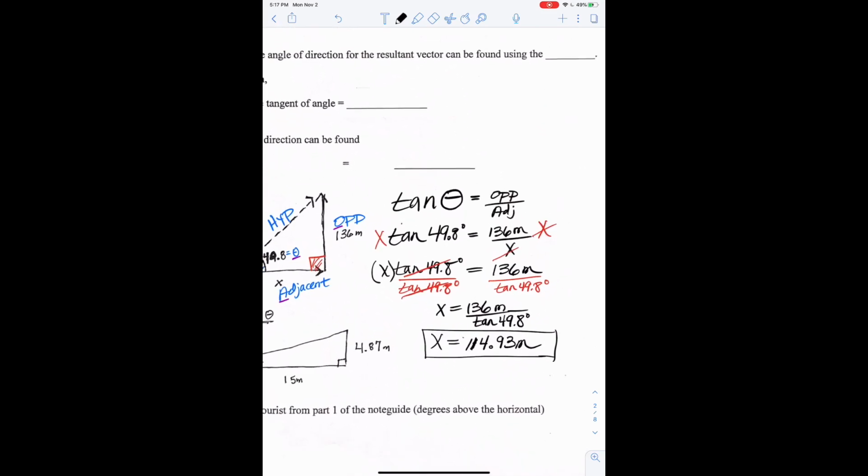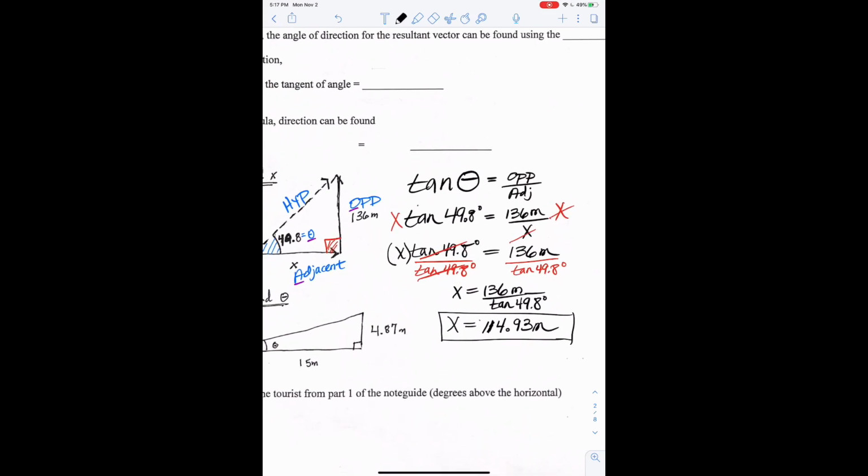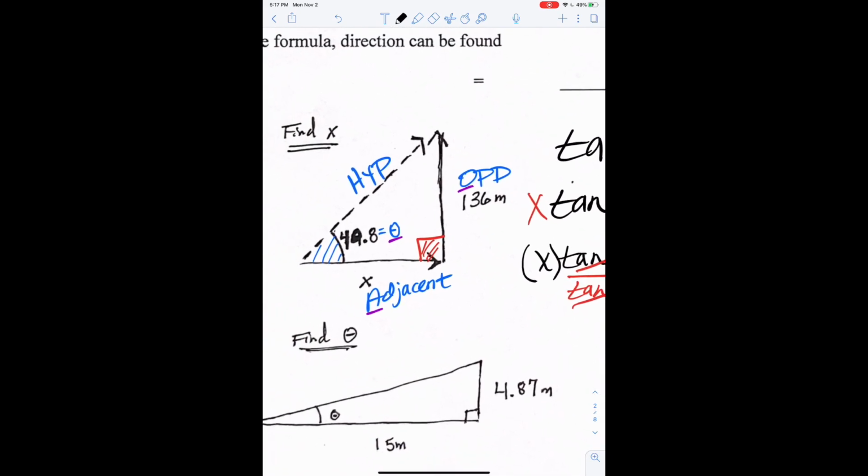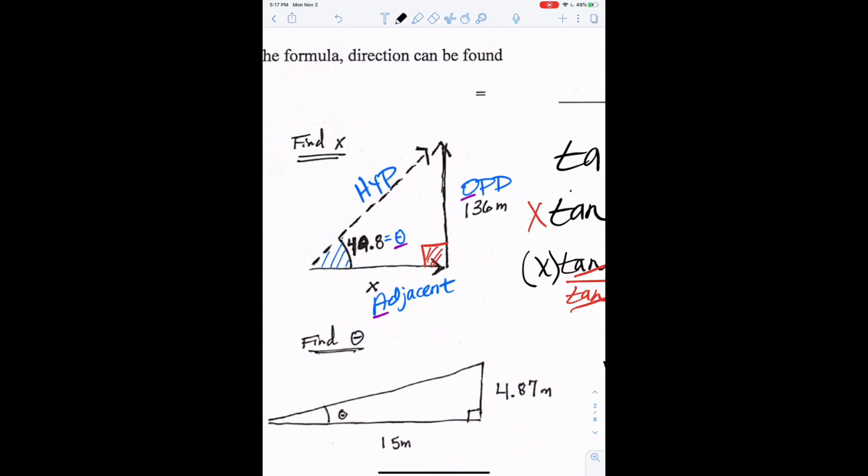We can't really check this one all too easily. I guess we could say, because this other angle up here, which we don't know what it is, right? Well, we do know it's the complement of 49.8, so it's 40.2 degrees, which I'll color in orange up here.